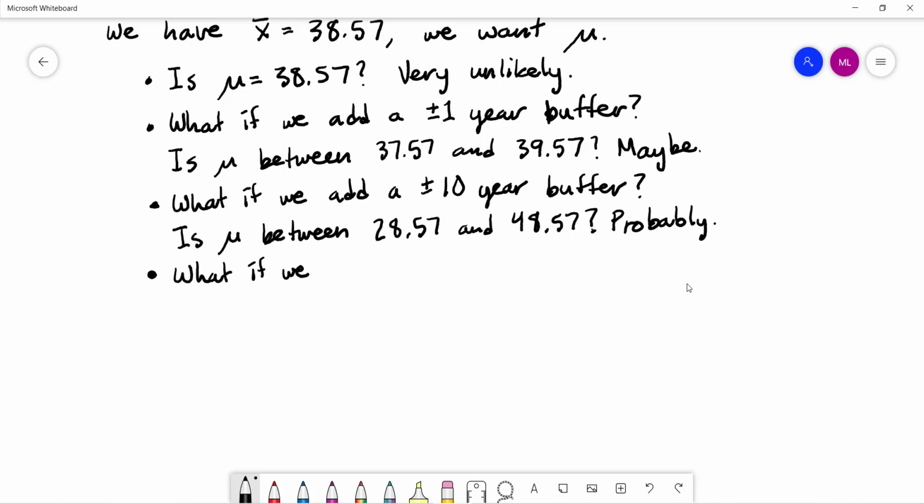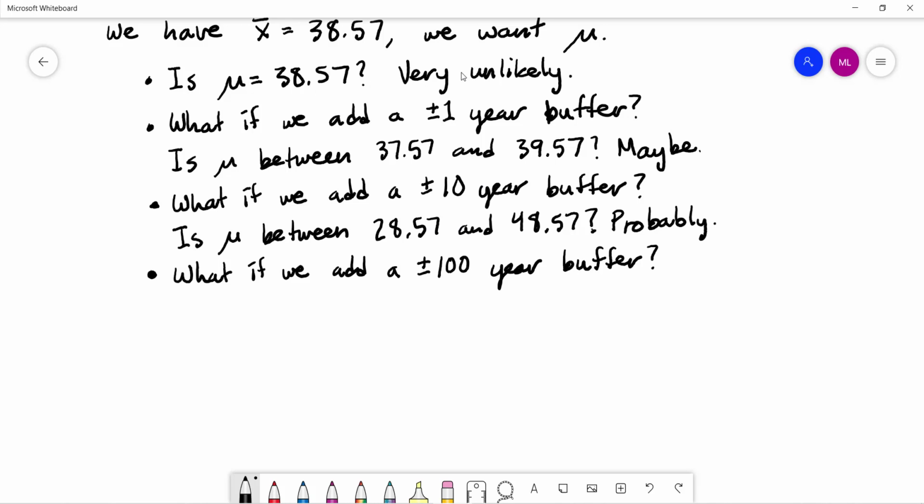what if we add plus or minus, I don't know, just make it easy, go in factors of 10, a 100-year buffer? Well, that's going to look even more interesting. This number, when I do minus 100 years, goes negative, and it goes way negative.